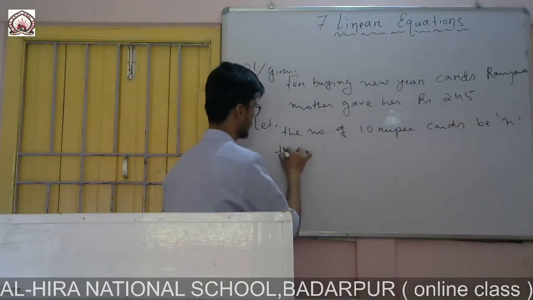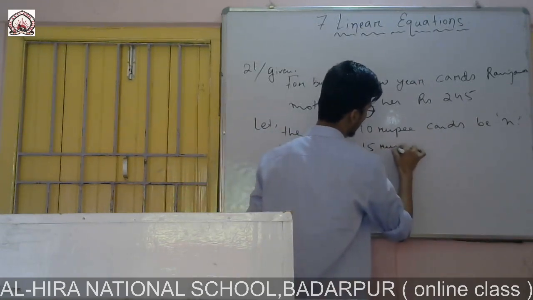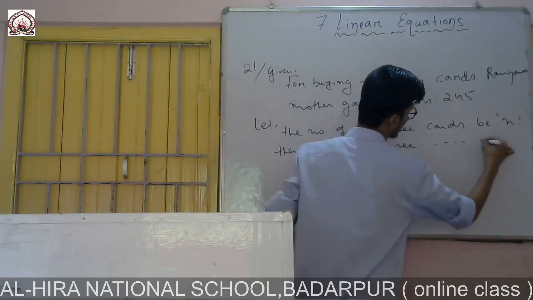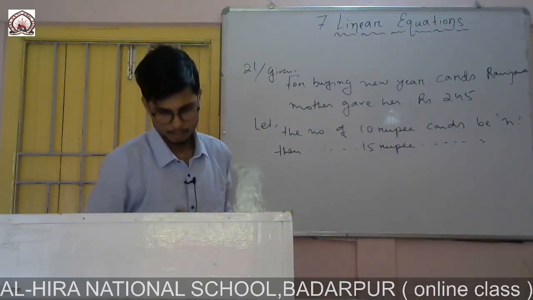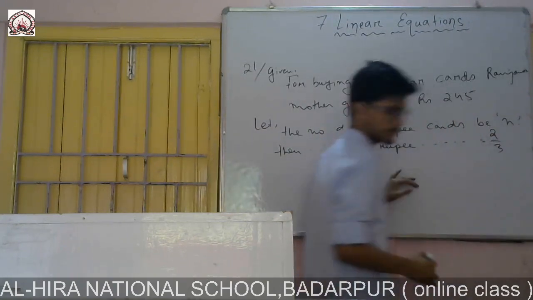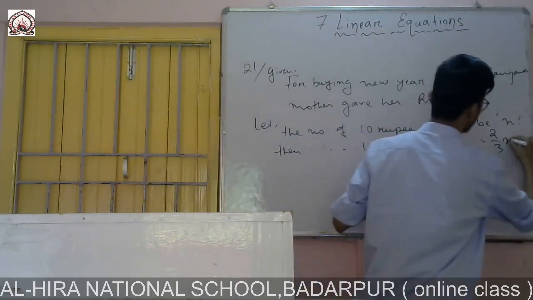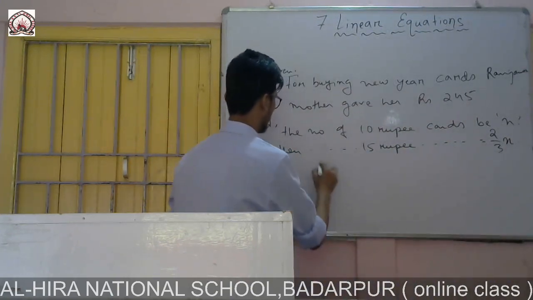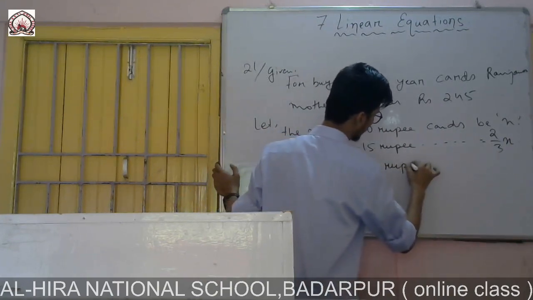Then the number of 5 rupee cards will be 2/3 of 10 rupee cards, so 2/3 of x.